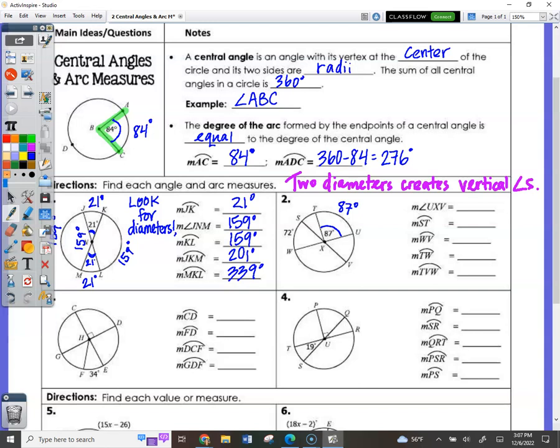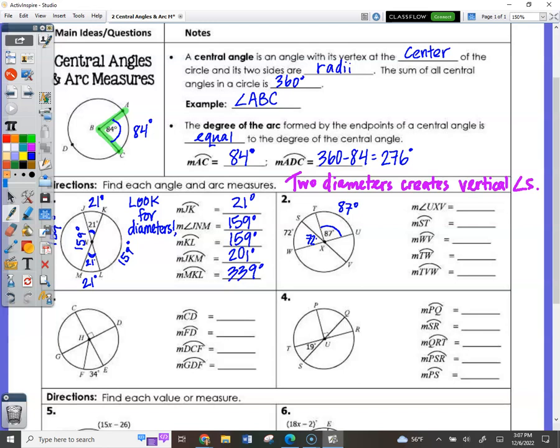Does this arc 72 have a central angle cut in the cake? Like, is there an angle created? Yes. So if you look right here, from here to here would be the piece of cake that I'm talking about. So if that's 72, then this right here is 72. With me?